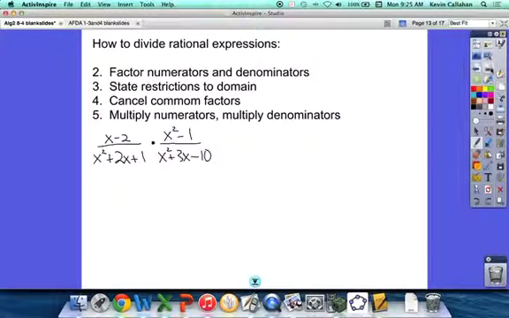Now I'm going to, already wrote it on this slide. So now we're going to move on to the second step with this multiplication problem. Factor numerators and denominators. X minus 2 can't be factored.